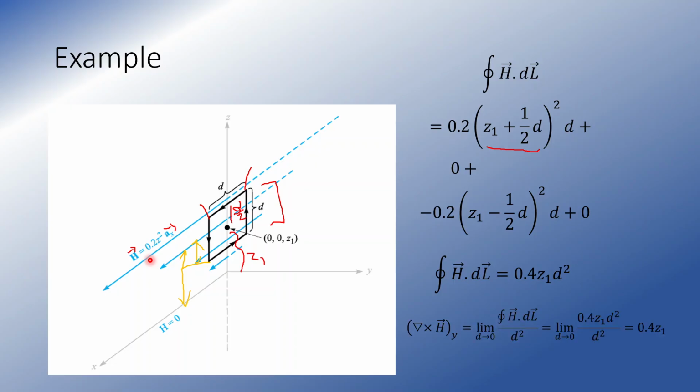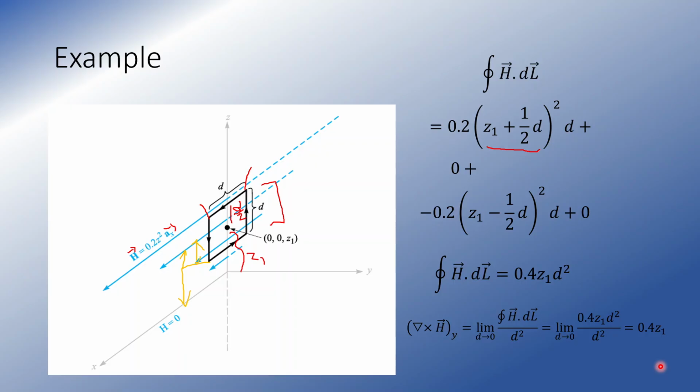Now, as per our definition, curl of H along the y axis is limit d tending to 0 of H dot dl divided by d square, which is limit d tending to 0 of 0.4 z1 d square divided by d square area. So d square gets cancelled, and we get 0.4 z1 as the answer.